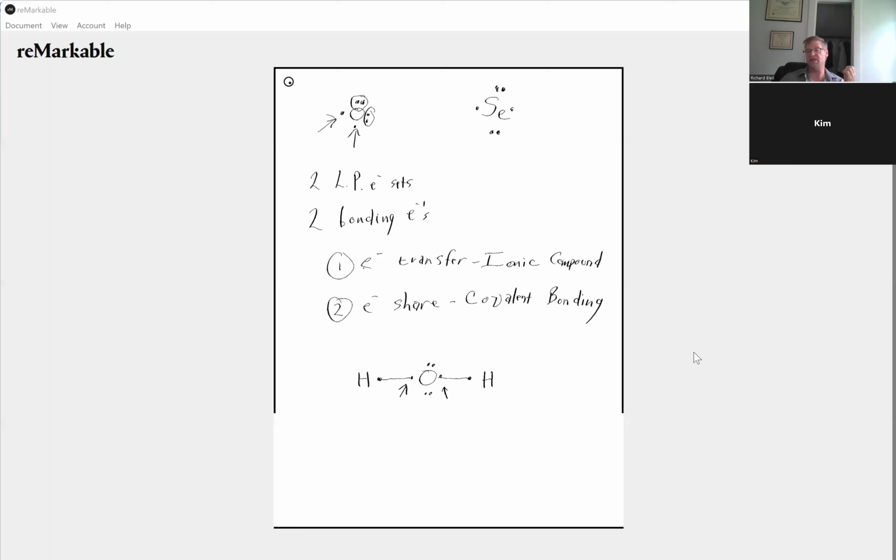When you draw a Lewis dot structure, we're going to come back to this and do more examples. I'm just showing this to you as an introduction. This is a Lewis dot structure of a compound.